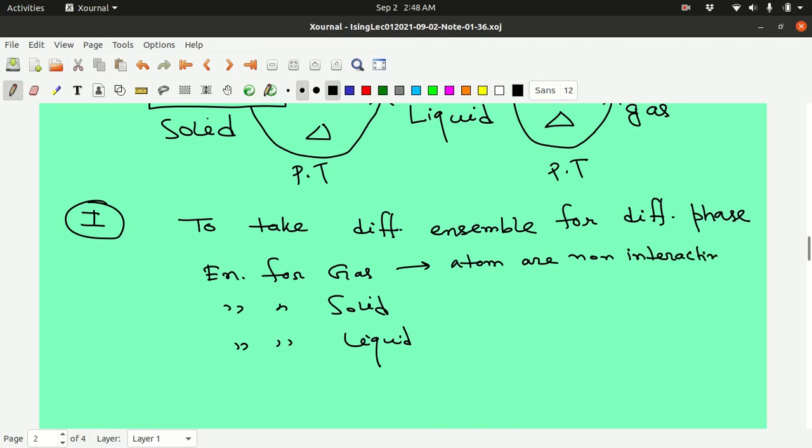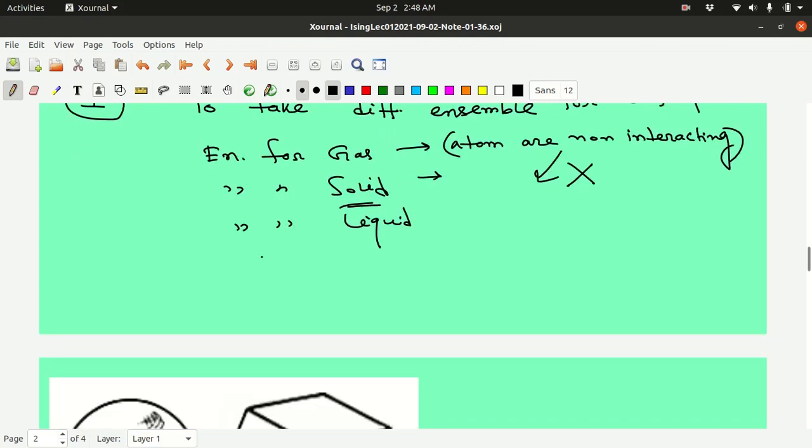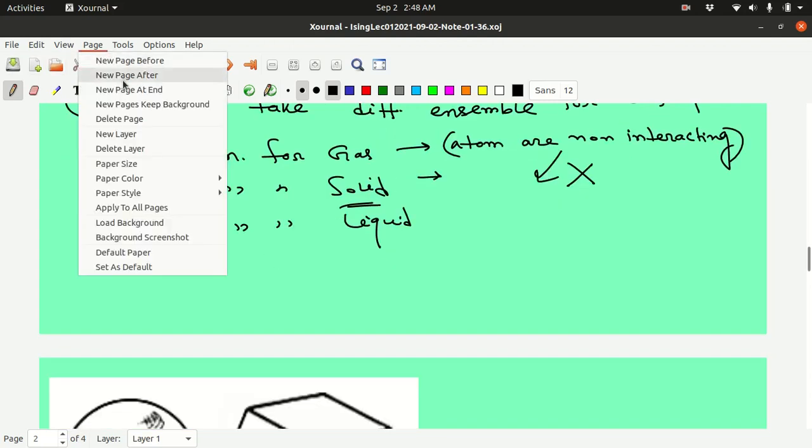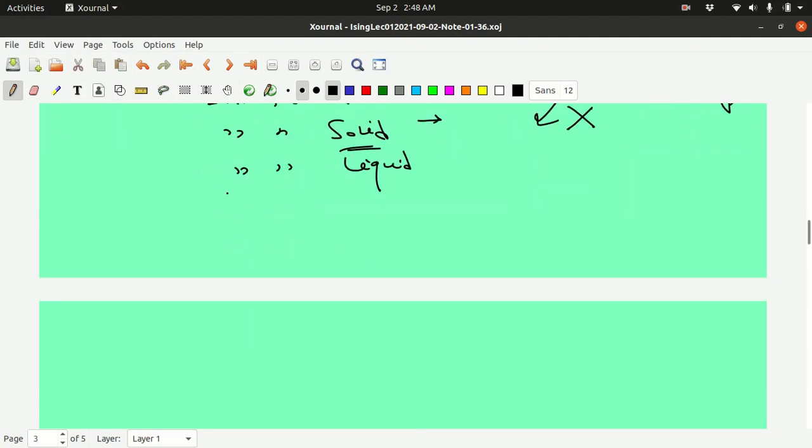But in solid, this approximation is not true, because in solid you cannot take this approximation. So in case of solid, let me introduce a new page.